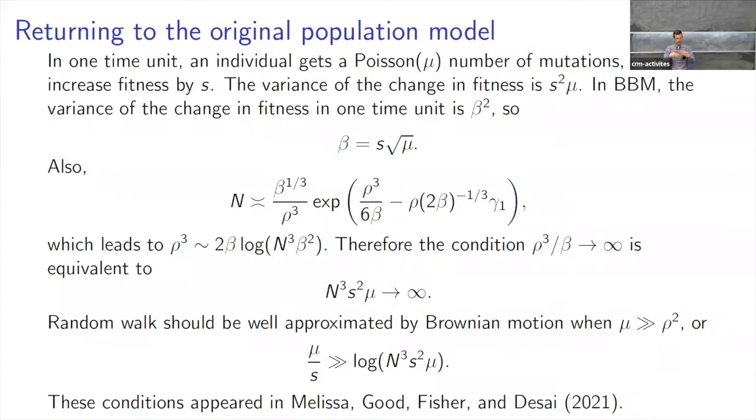And translating this, one sees that this translates into the condition that mu over s should be much larger than the log of n cubed s squared mu. And it turns out that both of these conditions have appeared in the biology literature or the physics literature, and in particular in this paper of Melissa, Good, Fisher, and Desai.